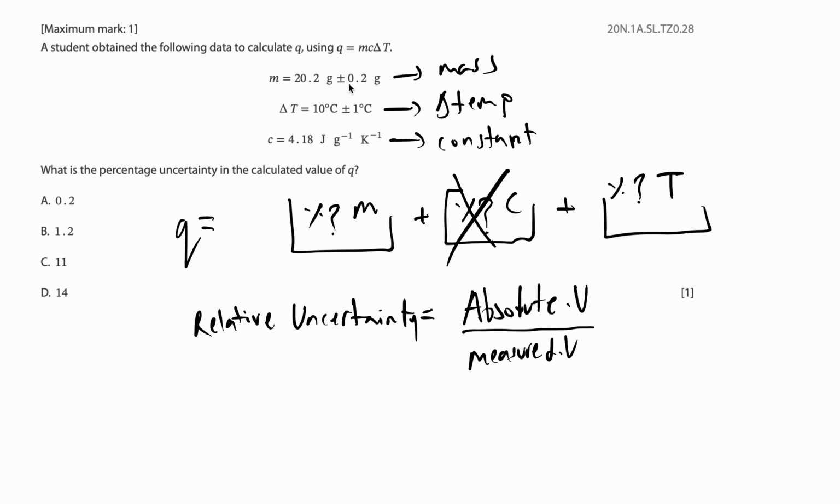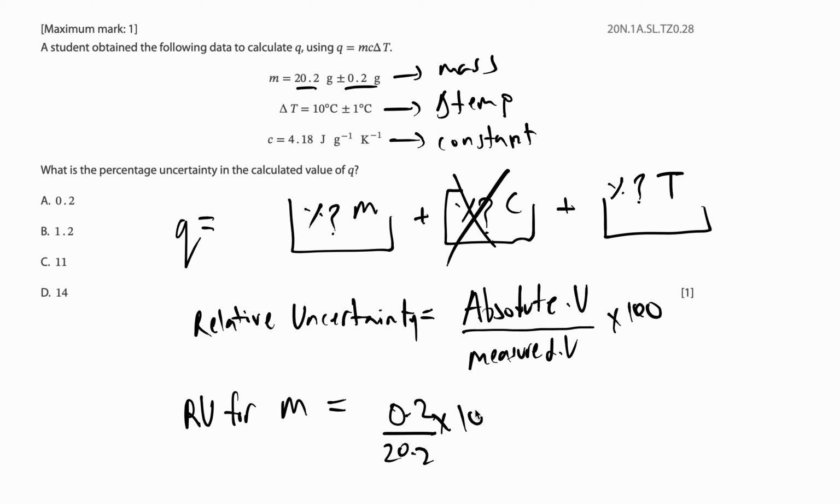For the mass, the absolute uncertainty is plus or minus 0.2, and the mass that they measured is 20.2. So for mass M, the relative uncertainty is equal to the absolute 0.2 divided by 20.2, times 100.